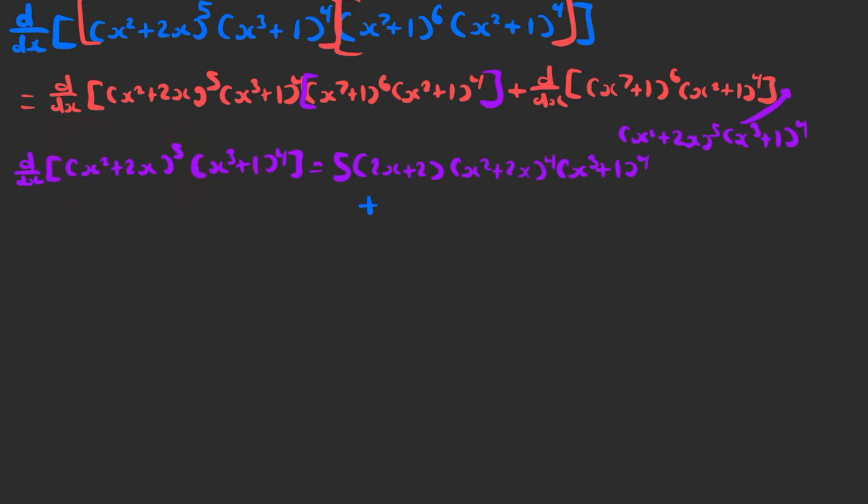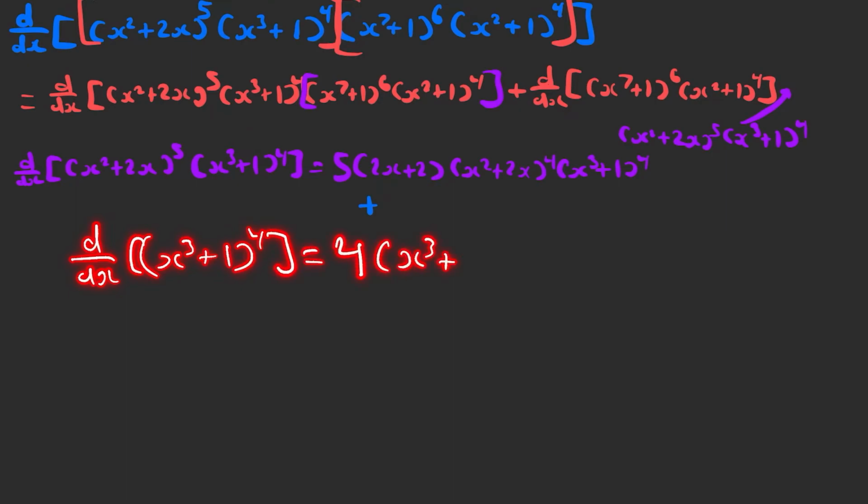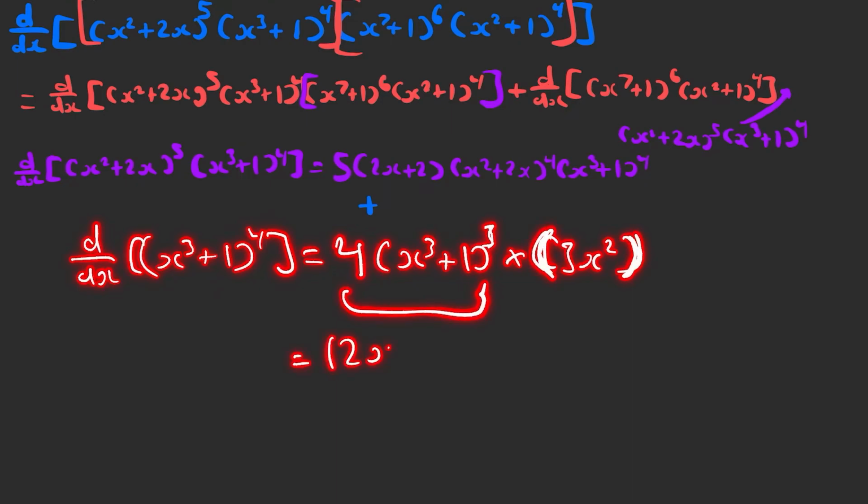So the derivative of (x cubed plus 1) to the power of 4, we would have to use our chain rule. This will be equal to 4 times (x cubed plus 1) to the power of 3, so this is kind of similar to the power rule, times, so our extension of the power rule, the derivative of the inside, which is 3x squared. So this is equal to 12x squared times (x cubed plus 1), all to the power of 3.